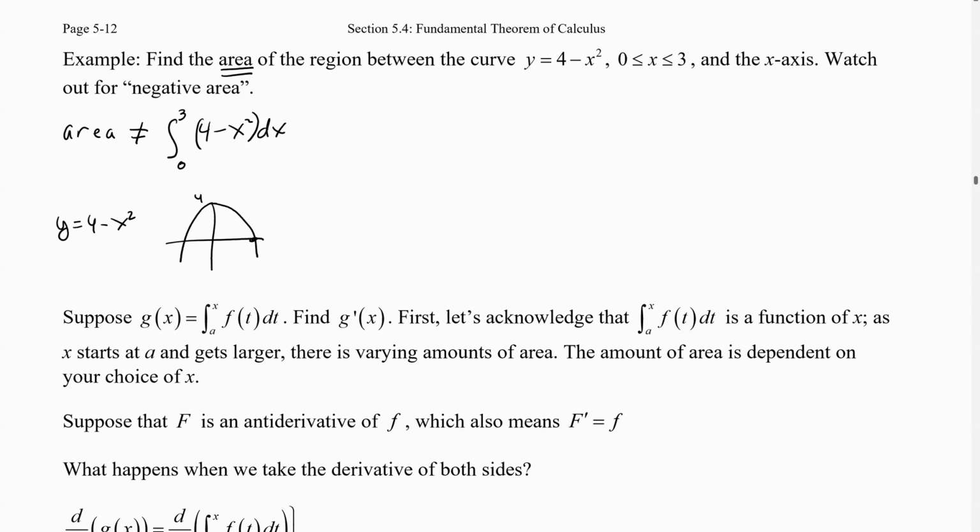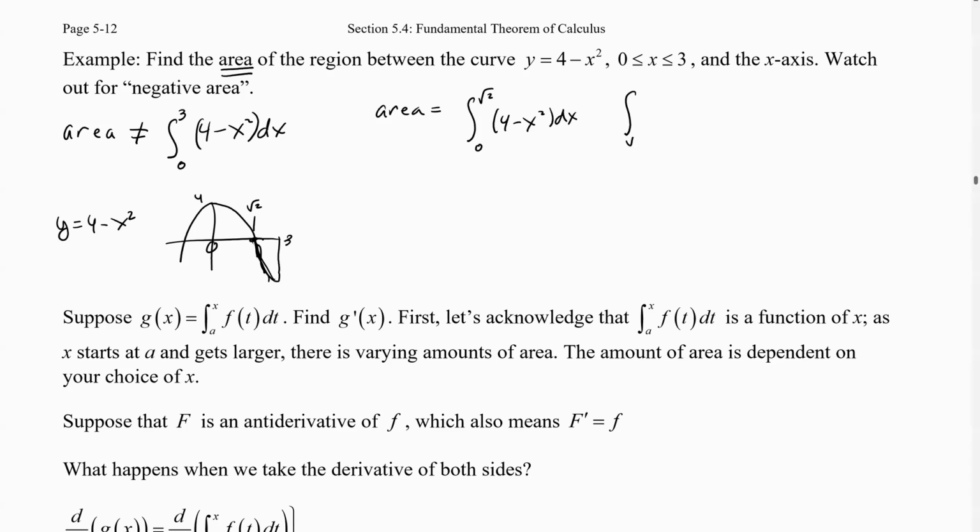Where does it cross here? It crosses at the square root of 2. So if we go from 0 to 3, some of this curve is below the axis. You want to find the area then? The area is going to be the integral from 0 to root 2 of 4 minus x squared dx.